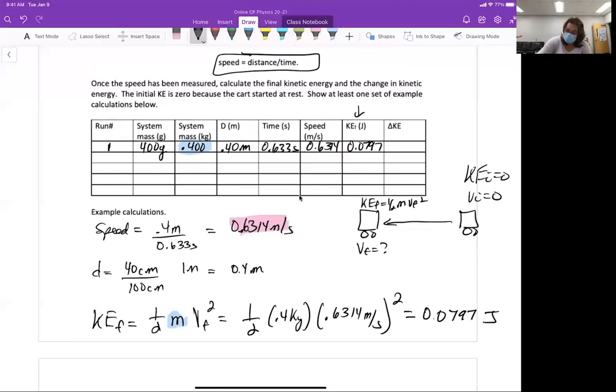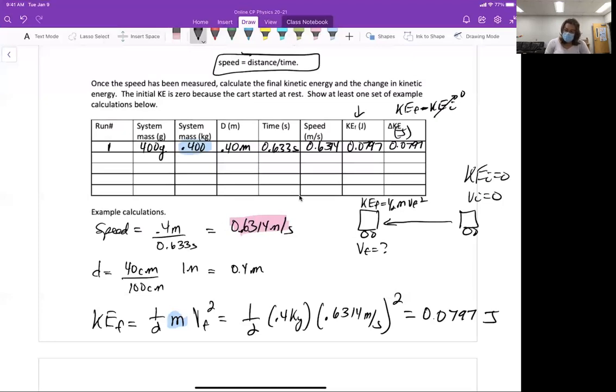Okay, what's the kinetic energy change, final minus initial? Well, initial is 0 because the car started from rest, and so the final kinetic energy is essentially the change in kinetic energy. That was just helping you see that.